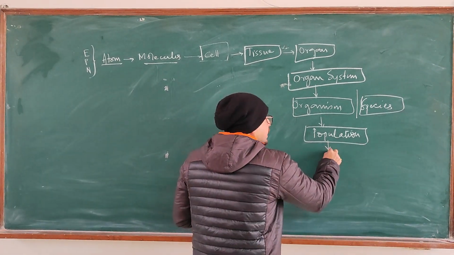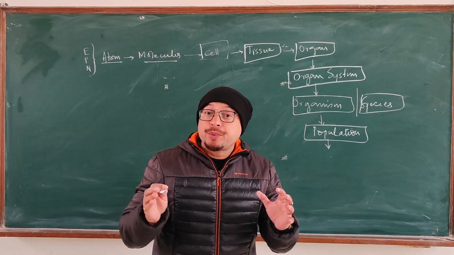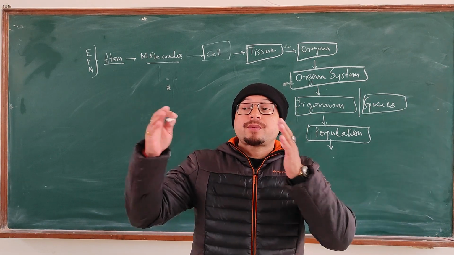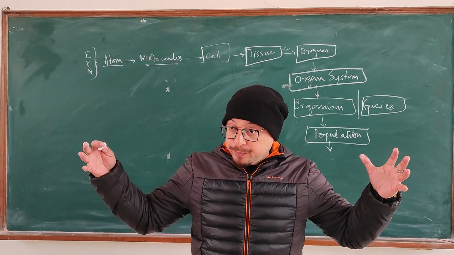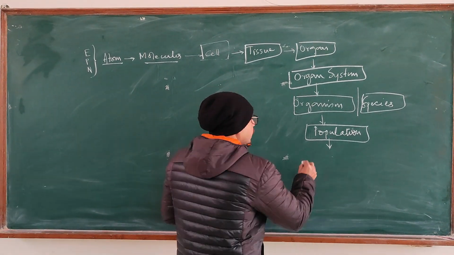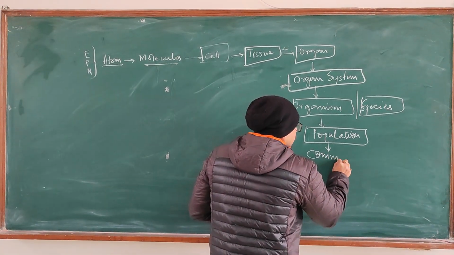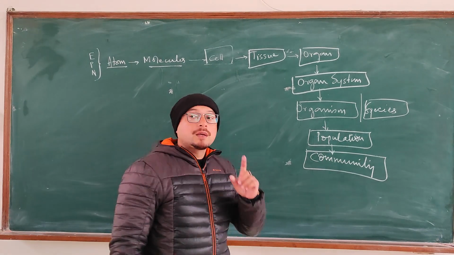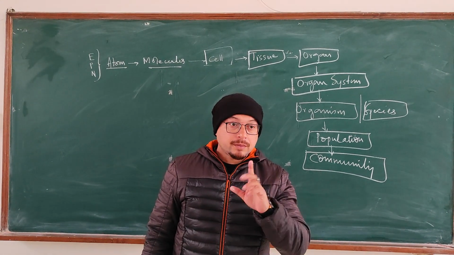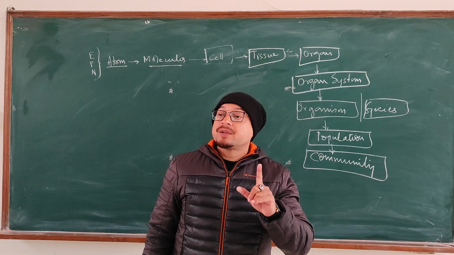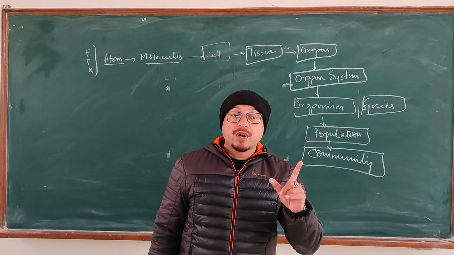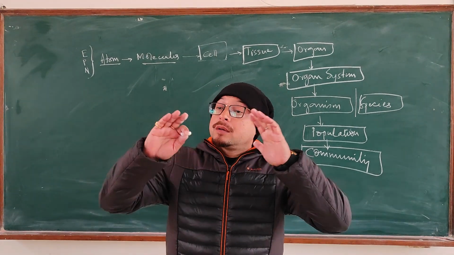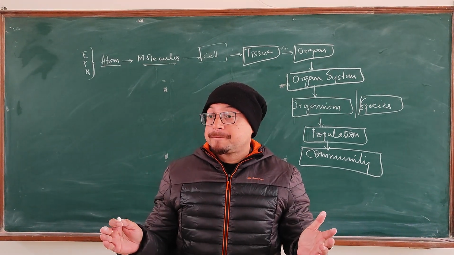And when different populations are put together, for example, population of bacteria, population of virus, population of human beings, when you put different populations together, it forms a community. Right? So a community is a collection of different populations, or you can say a community is a collection of different individual species.